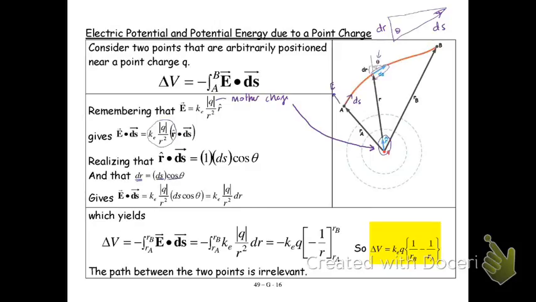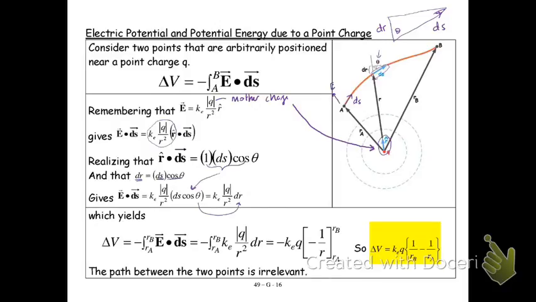So now I can say my E dot ds is equal to KEQ over R squared, and instead of R-hat dot ds, I can put down ds cosine theta. That comes from there. And then I know that ds cosine theta equals dr, so I come round to here. So I get my E dot ds is equal to KEQ over R squared dr.